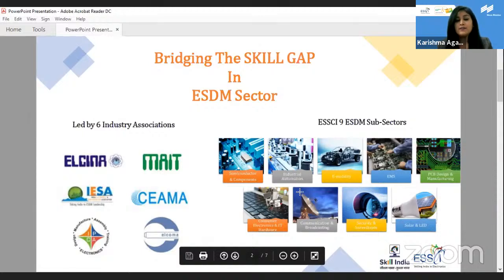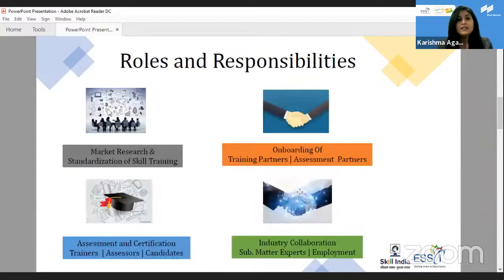We have been developing content and curriculum for scaling in each of the 9 subsectors. These are our prime roles and responsibilities. At ESSCI, we are doing market research to set the standard of skilling and of the content we deliver to the youth. Then we deliver those skill training programs to our training partners and assessment partners on the ground.